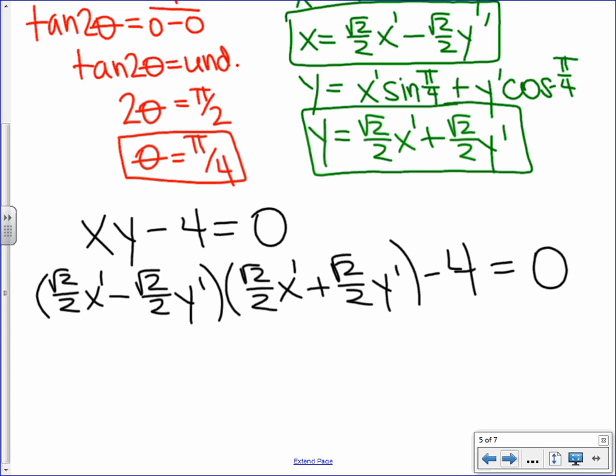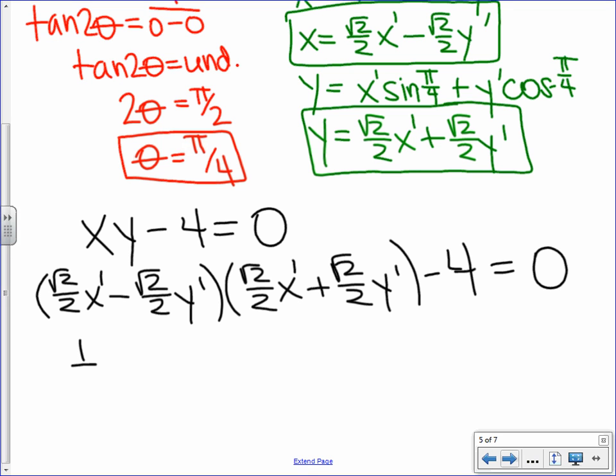So let's do this. Radical 2 over 2 x prime times radical 2 over 2 x prime. One half, because radical 2 times radical 2 is 2, and 2 times 2 is 4.